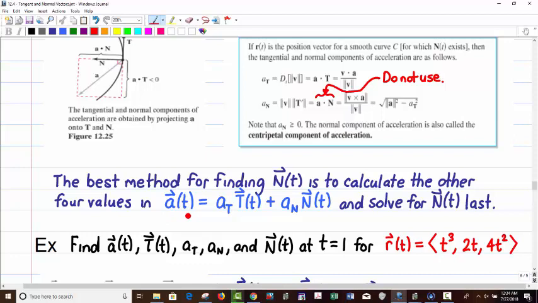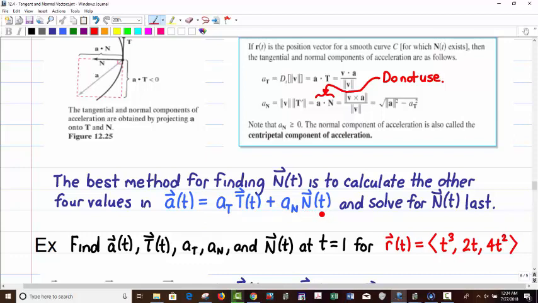It's just the second derivative of the position function at some value t. A sub t, the tangential component of acceleration, is not hard to find. T of t is just the unit tangent vector. That's not too bad. A sub n is not too bad from that formula. So we find those 4 components, then we just algebraically solve for N of t.